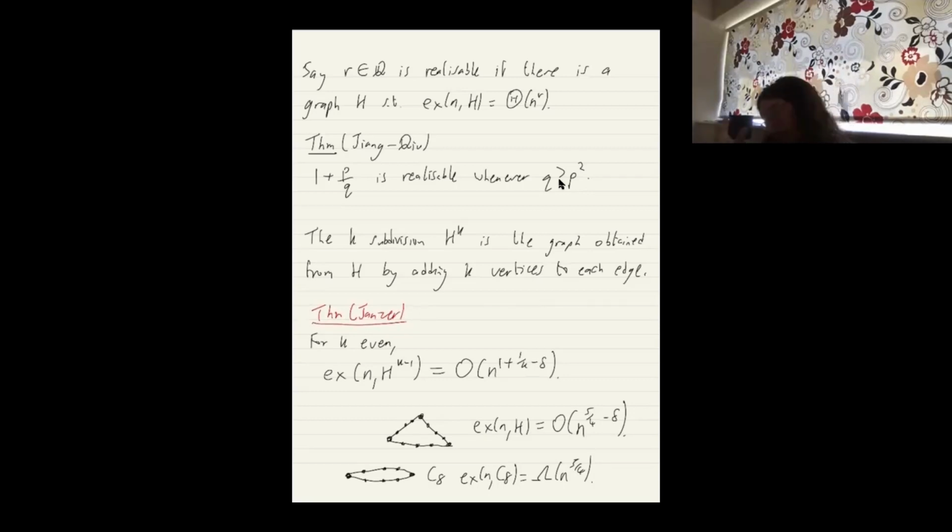Okay, I won't say too much more about these kinds of things, but this kind of result here, where we're talking about understanding what's happening for longer subdivisions, is what feeds back into the progress on this rational exponents conjecture. So from here, you can show that various exponents are realizable, and if you use variations of this theme, you get that various things are realizable. This is one of the nicer results that comes out of this.